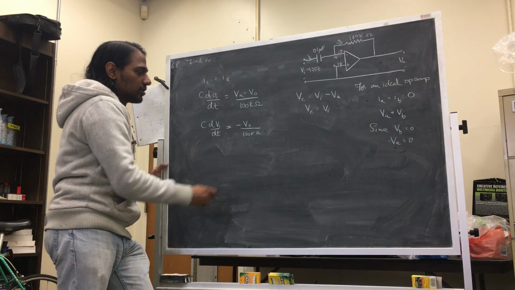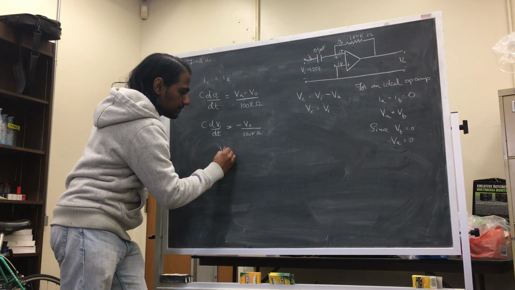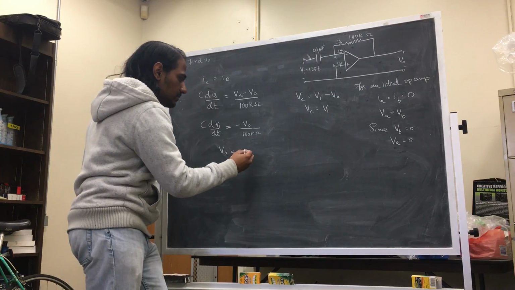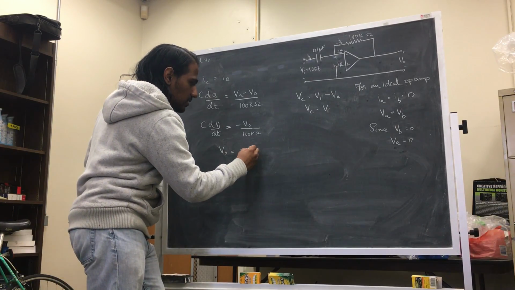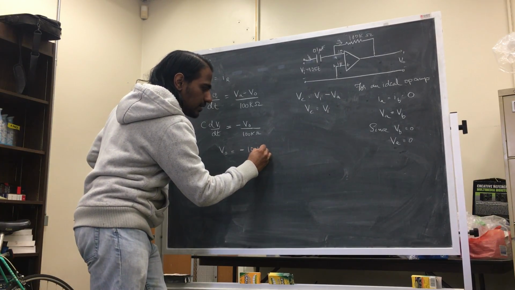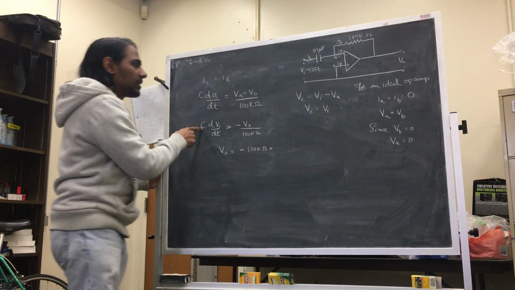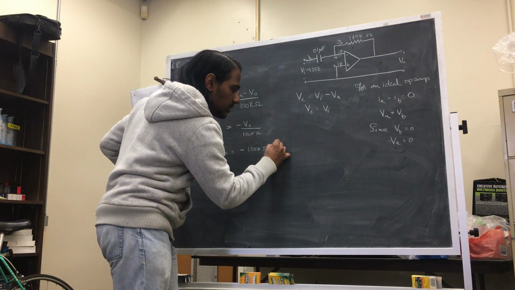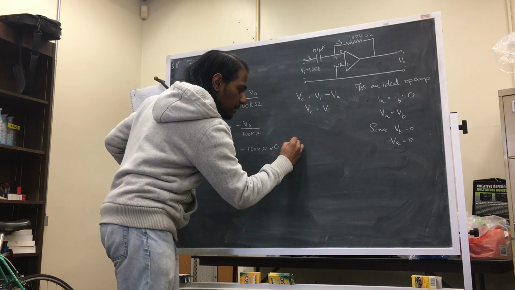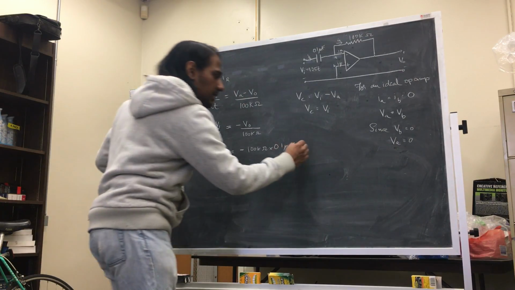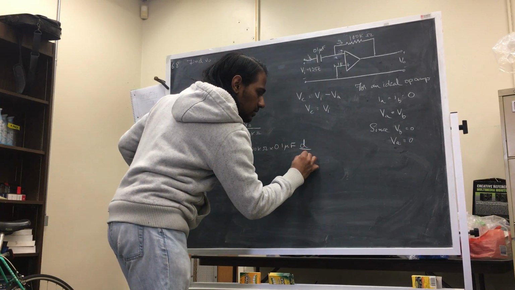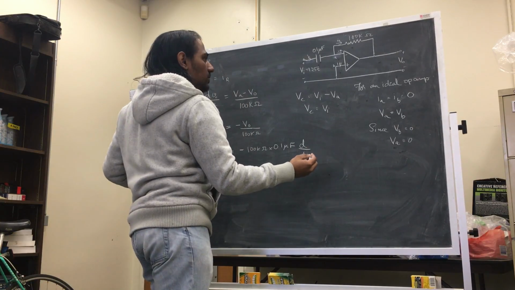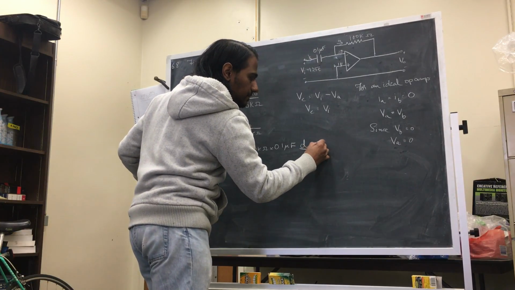You have to find V0, so V0 would be minus 100 kilo ohm multiplied by the capacitance, 0.1 microfarad, and d by dt of the input voltage VI.